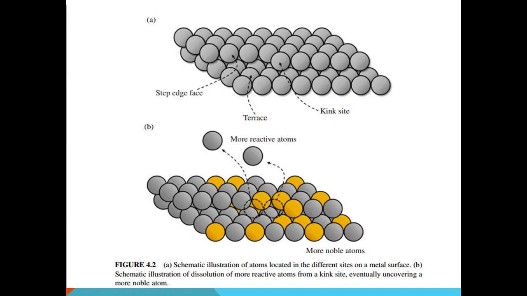It illustrates the dislocation of more reactive atoms from kink sites, eventually uncovering more noble atoms. It is easy to remove atoms from lattice defects, from kinks, from steps, from twin bands, and from slip steps.